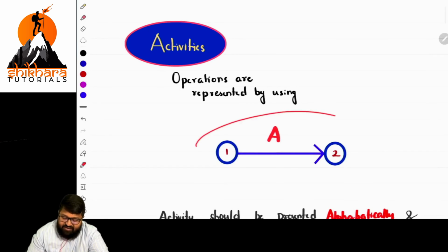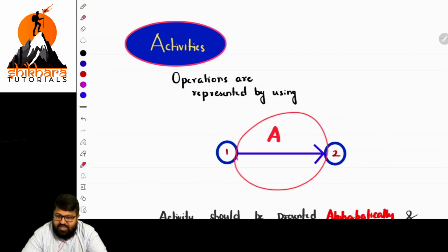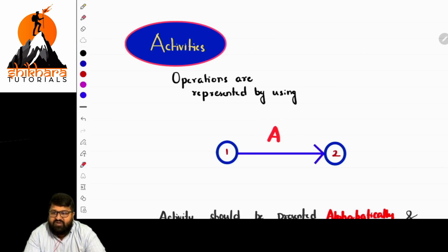Each activity or each task in the project will be represented with the help of an arrow, and it is represented with a capital letter. There are different representations: either you can use a capital letter or you can use numbering, like 1, 2, or capital letters.